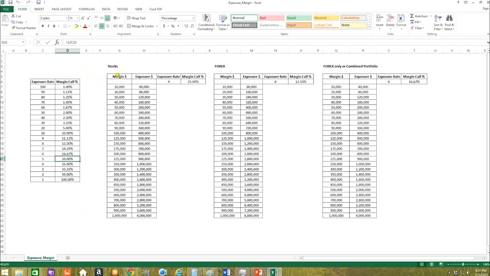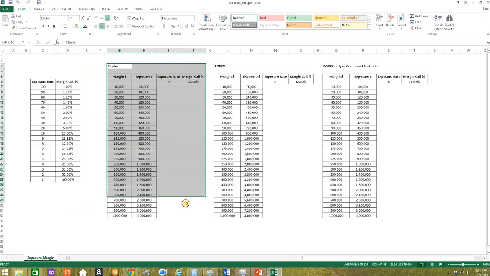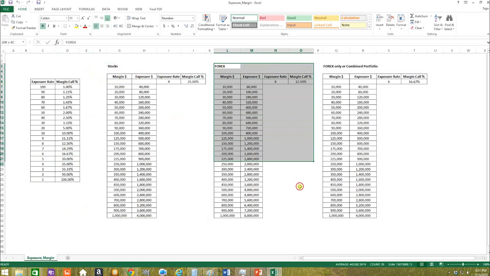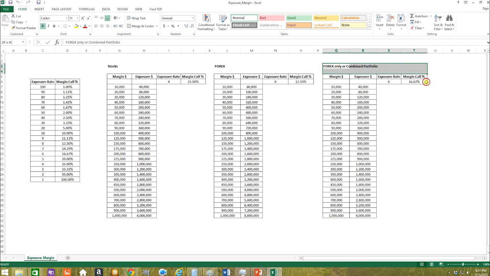Now, if we use this principle to set up our exposure tables here in stocks, Forex, and a Forex only or combined portfolio, we can start to get a gauge on what type of risk we'd be willing to take. So in terms of gross exposure, if we choose an exposure rate in stocks, for example, of 4 times, this means we're going to receive a margin call if we lose 25% in our portfolio.